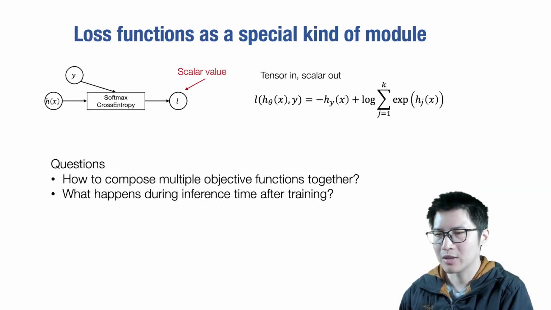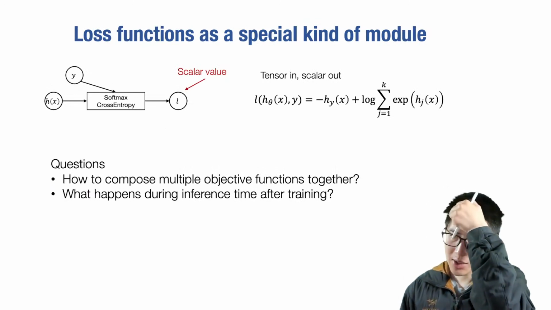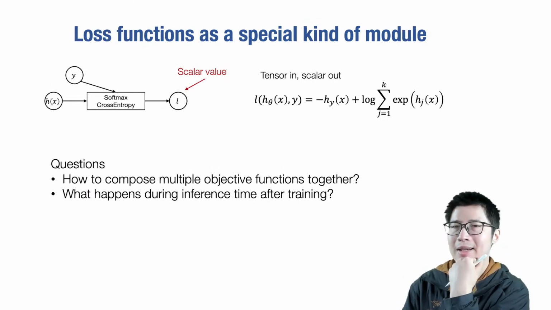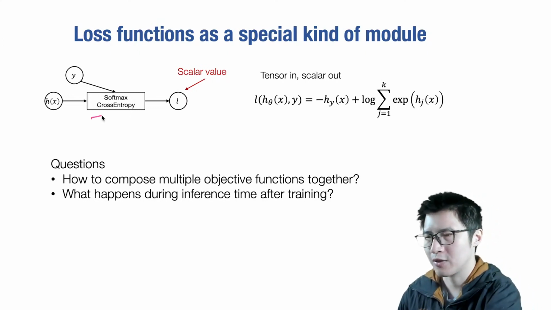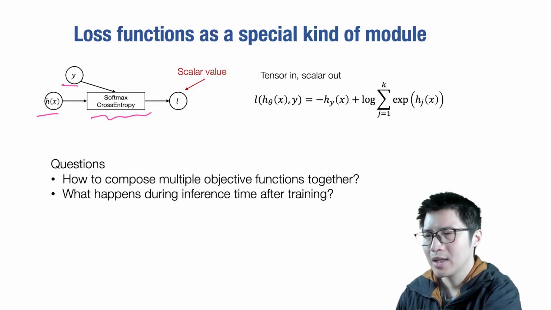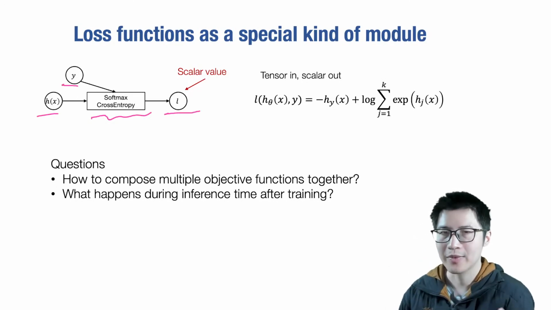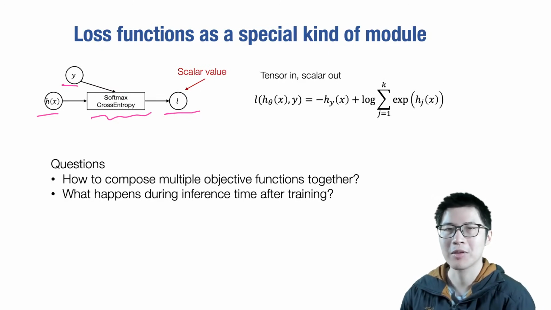If you think about loss functions, we can actually view loss functions as a special kind of module as well. For example, usually there's a module called softmax cross entropy that takes the hypothesis prediction and the label. It's going to output a scalar value, and a tensor of rank 0 can be viewed as a scalar value.